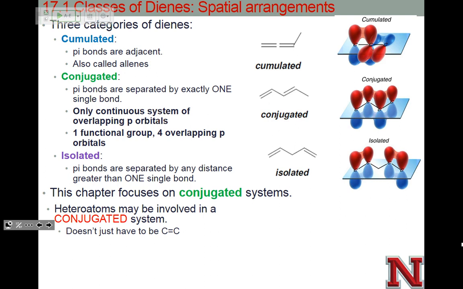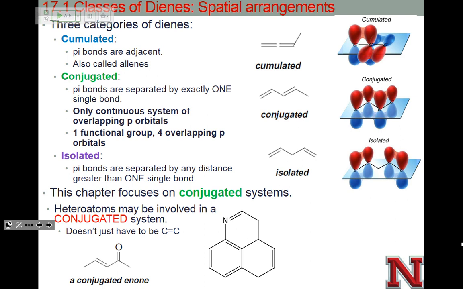Heteroatoms may also be involved in the conjugated system, so it doesn't have to be just a carbon-carbon double bond. It could be a carbon-oxygen double bond as well. That still has 4 p orbitals that are overlapping with no sp3 carbons blocking that. So that's still conjugated. Here is another conjugated system where this double bond, even though there's a nitrogen there, is participating in conjugation with this ring.